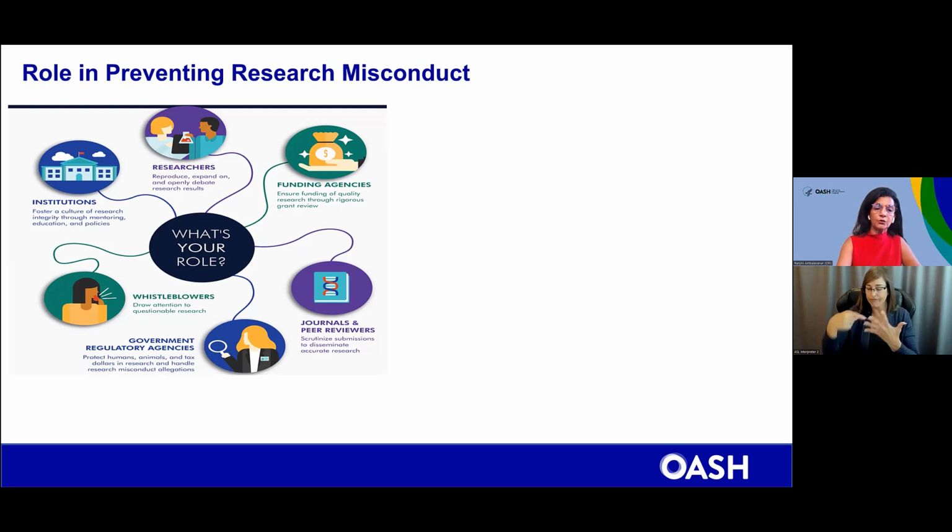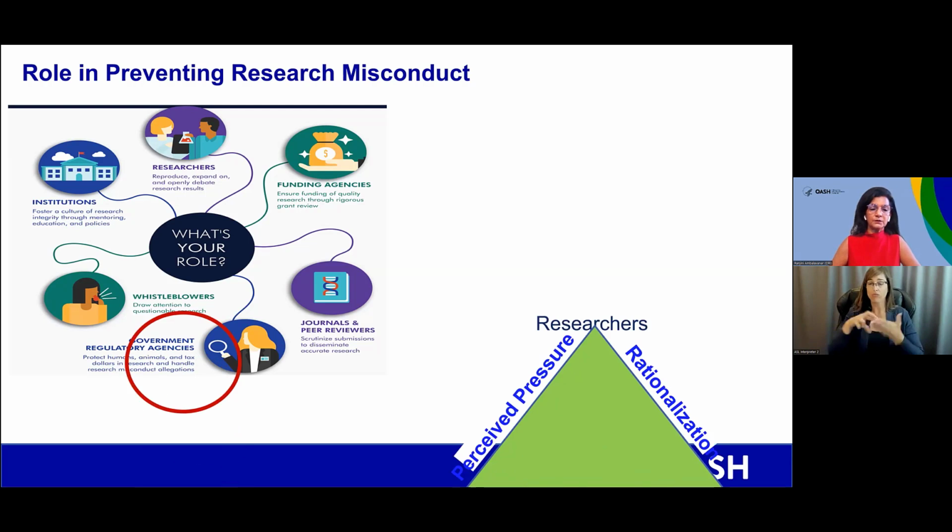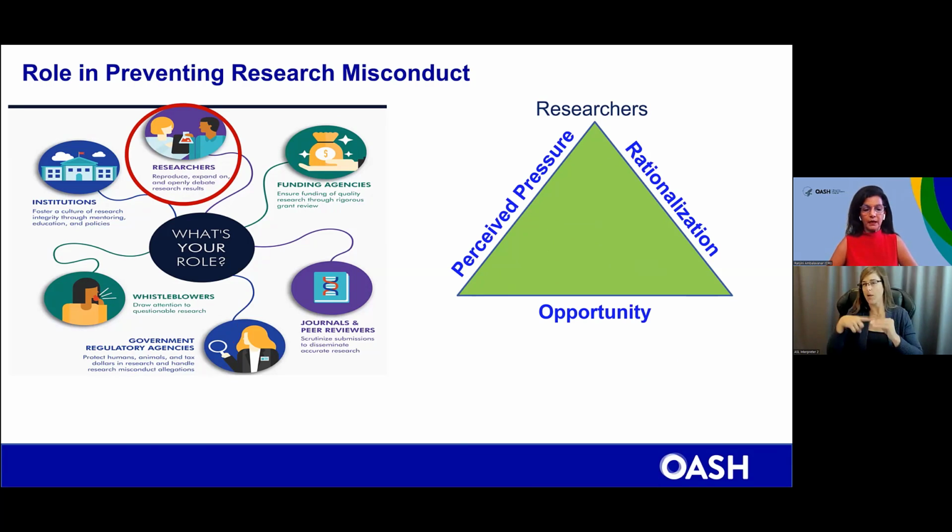You know what our roles are, but because the research data is collected by researchers, let's talk a little more about what happens. Scientists are under big, constant pressure, from different sources. During that pressure, they justify some data manipulation and rationalize that it's okay to do it.